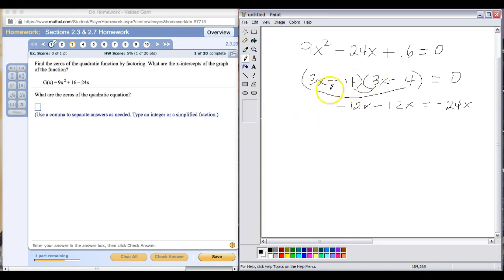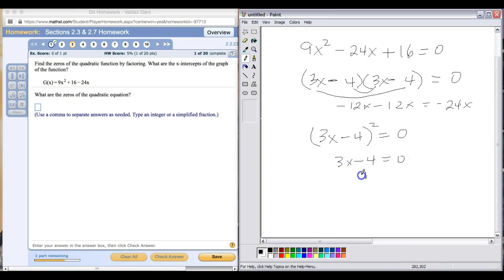So this will simplify to 3x minus 4 quantity squared, which means that 3x minus 4 is going to equal 0. We know that by taking the principal root of this, and we'll see some examples later on that warrant more notation here.